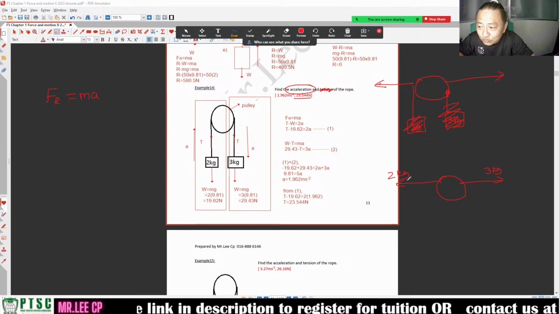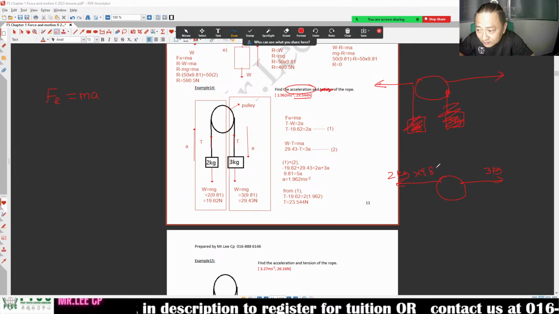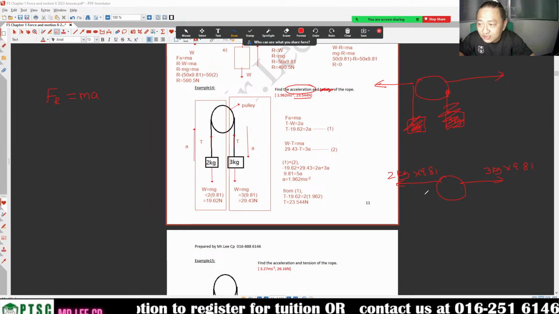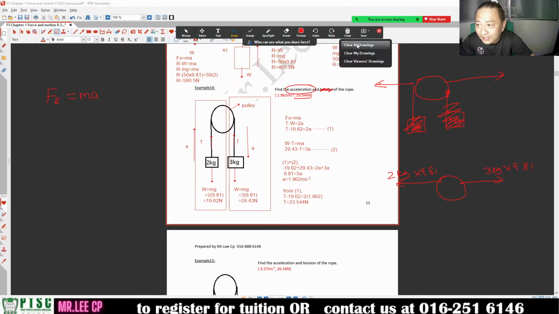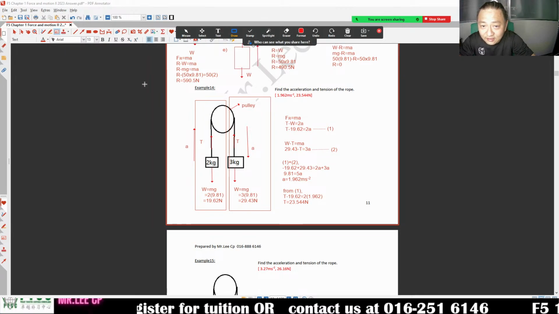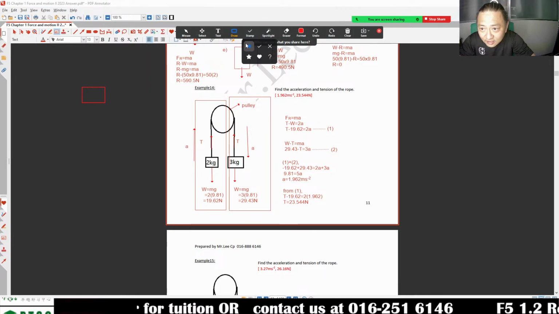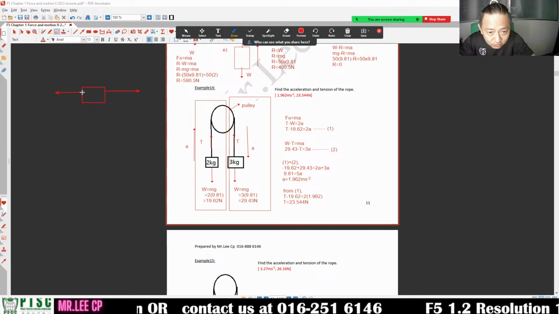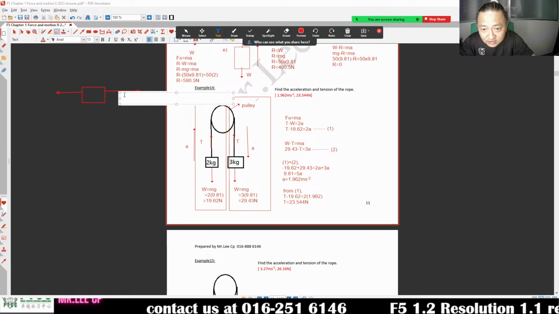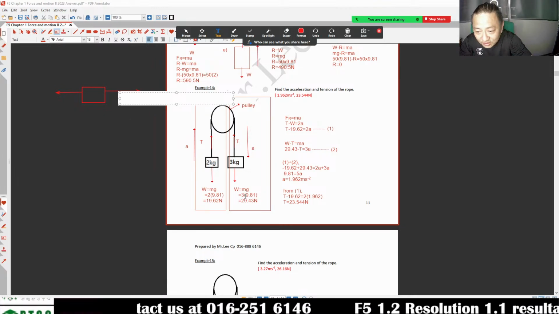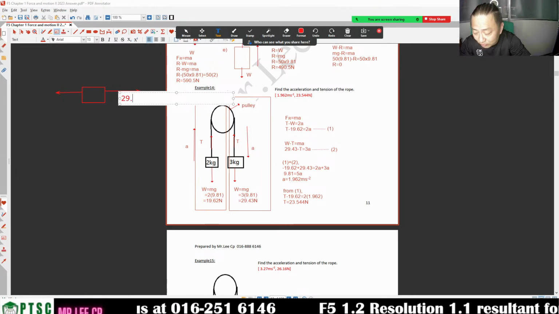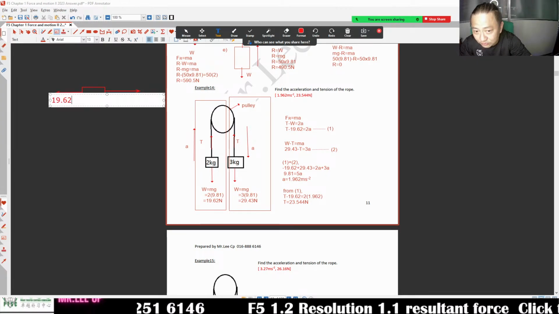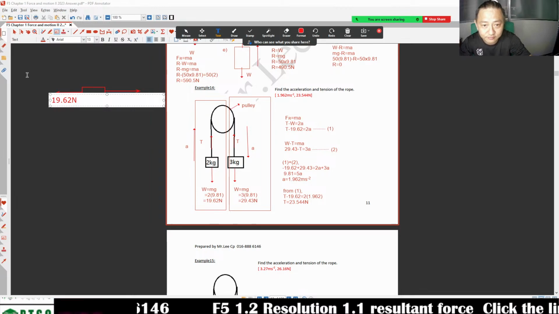To change this to force, you have to times 9.81. So you have one force pulling here, 3 times 9.81, which is 29.43, and this force is 19.62 Newton.